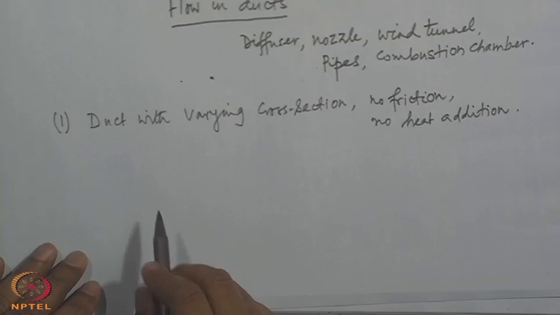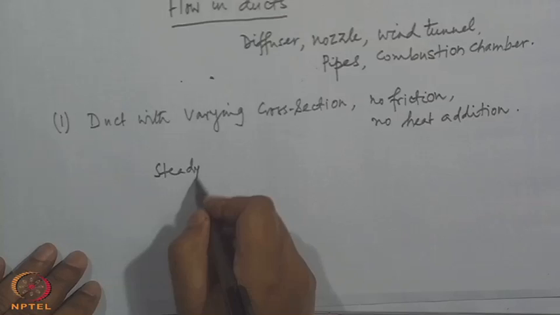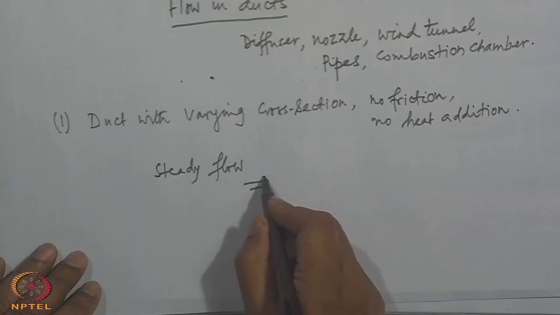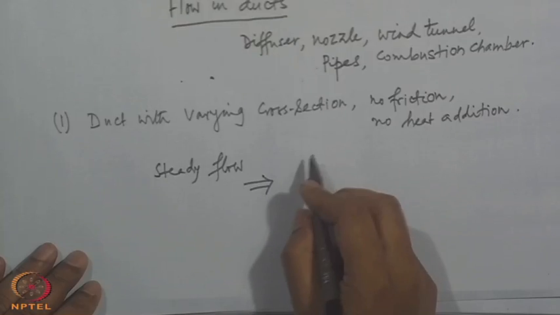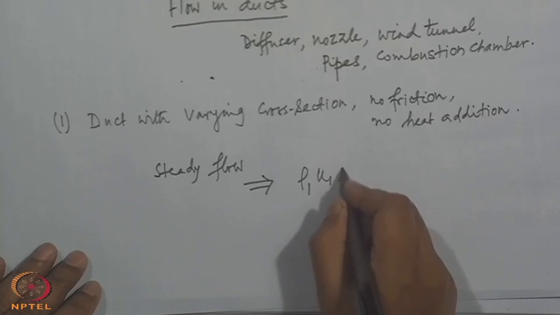Now, here also we will study the same problem, but with little more details. Now, considering this flow to be steady, considering a steady flow, and then this gives from the mass conservation law that at two different cross section the mass flow is the same.